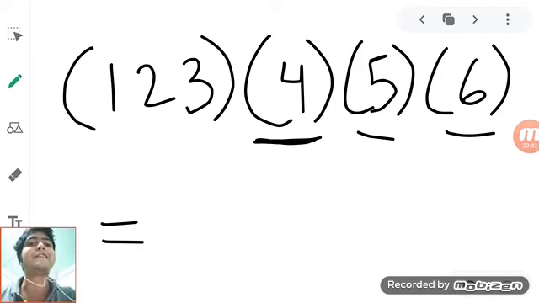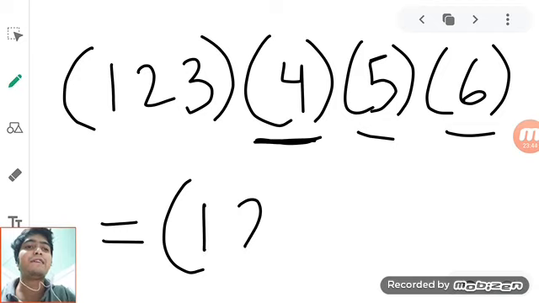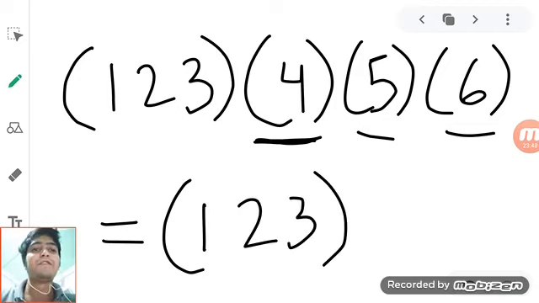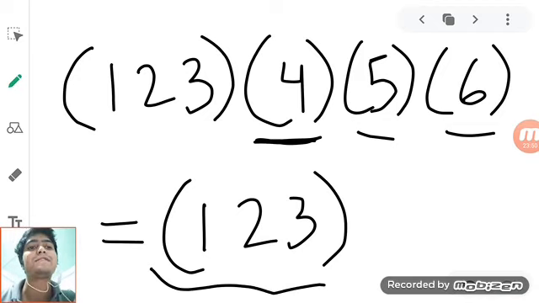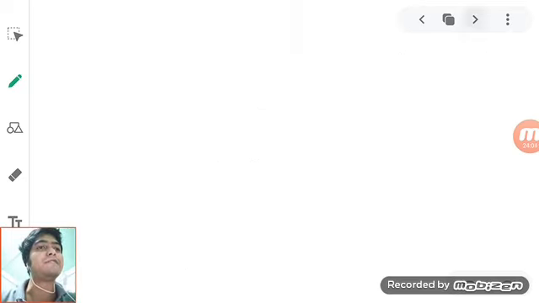So instead of writing in this way, all the things that occur by themselves, we will not represent them. Once you see something like this, you can easily tell that 4 goes to 4, 5 goes to 5, 6 goes to 6. Even the numbers that are not present go to themselves. 7 goes to 7, 8 goes to 8, 9 goes to 9. So that is how we will say.